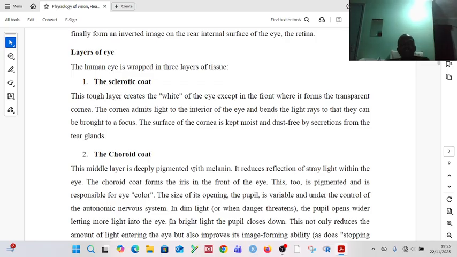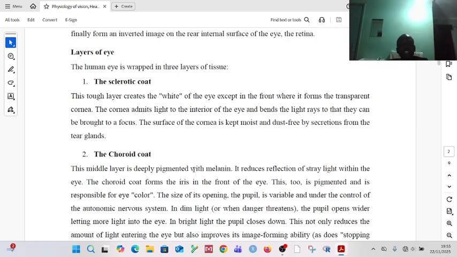And at times people refer to it as the white section of the eye, apart from just the front, where it creates a transparent point that we now refer to as the cornea. So the sclerotic coat is tough, offering protection. Then it is sort of whitish in color, except the front area of this sclerotic coat, which now creates a section that is transparent, and it is that section that we call the cornea.